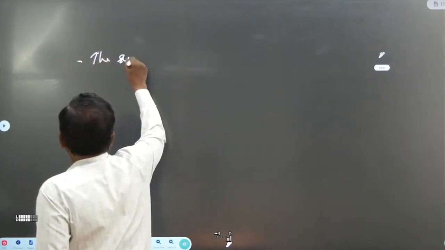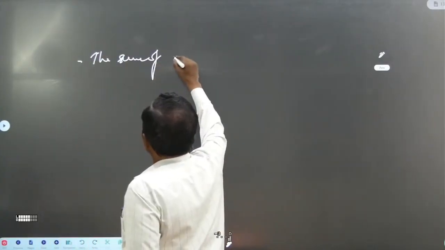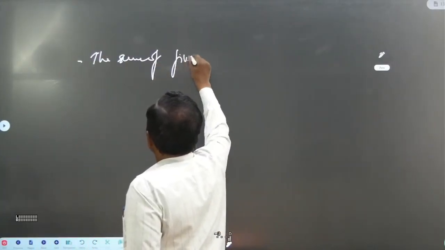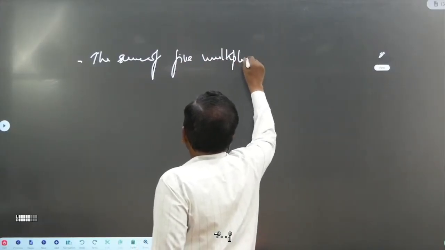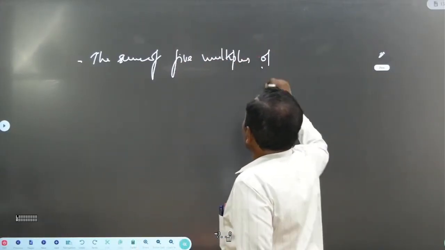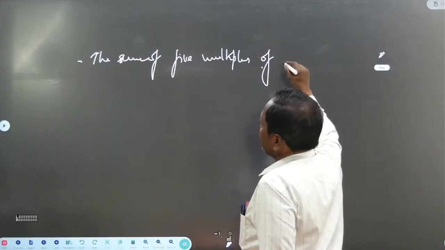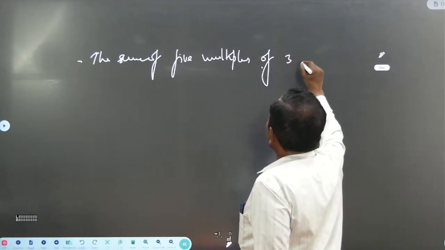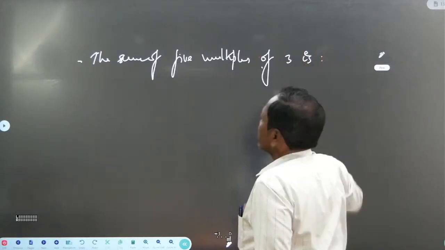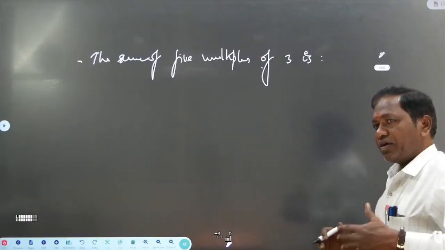And next you can say, the sum of 5 multiples of 3 is, the terminology, how it is being used.